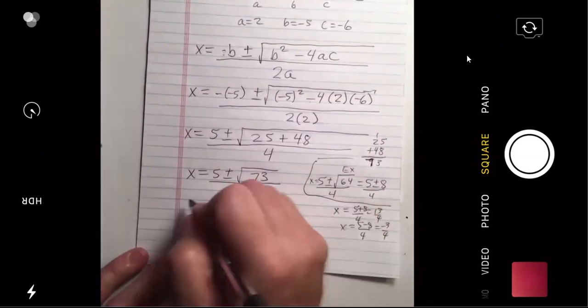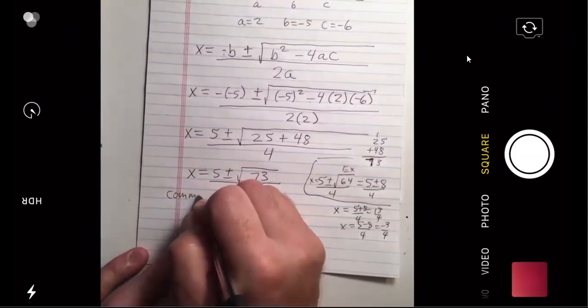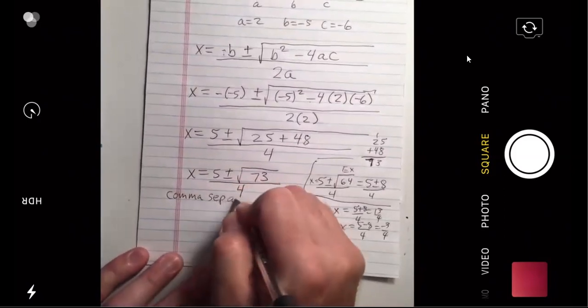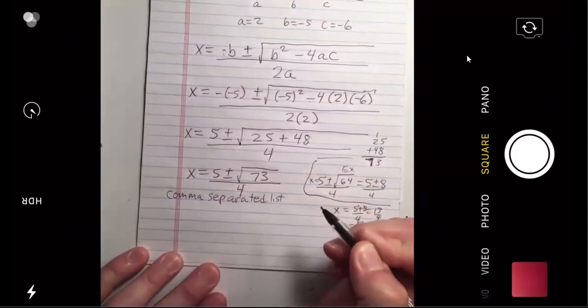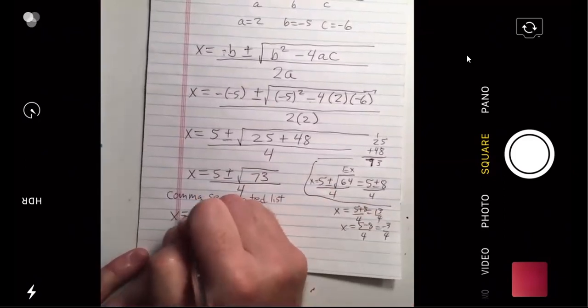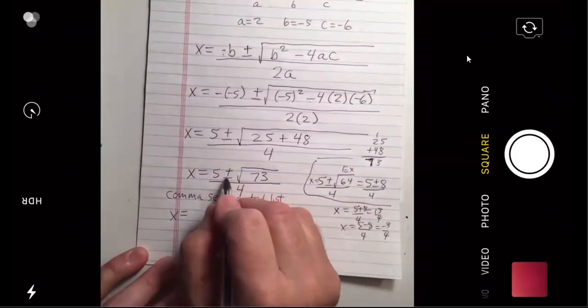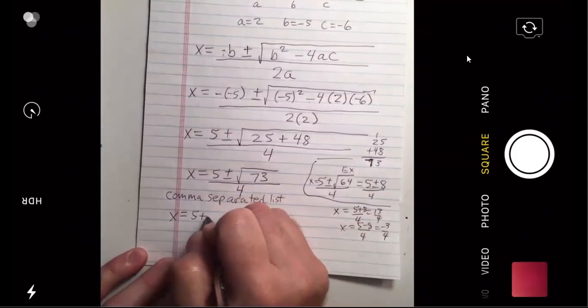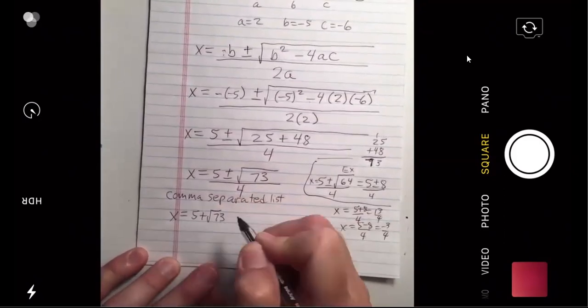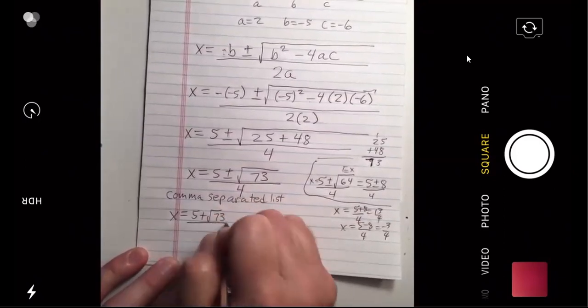Now, WebAssign will probably want a comma separated list. So you would literally have to separate out these answers between the plus and minus. Here's an example. 5 plus the square root of 73, and there might be a way to enter it with a button.